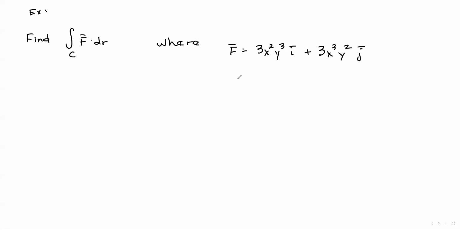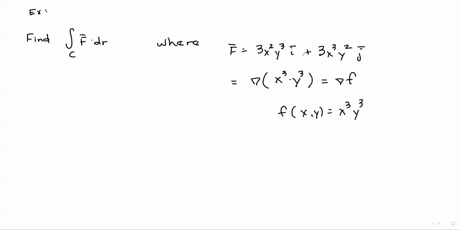And we know that that happens to equal the gradient of x cubed times y cubed, and that equals the gradient of f. So in this case, f is going to equal x cubed times y cubed. You can go ahead and test that by taking the gradient of that, and make sure that you do get the original.